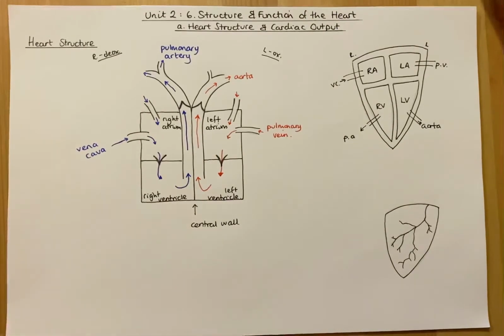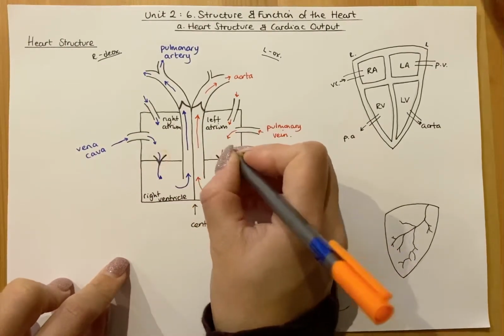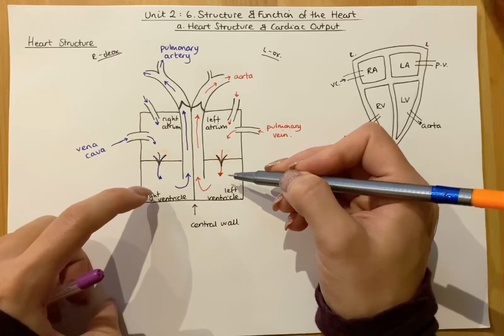Now you have two different valves. I'm going to highlight them in two different colours. The valves prevent backflow of blood just like they would do in veins, but specifically from certain chambers to others. So this valve here and this valve here are between atria and ventricles.